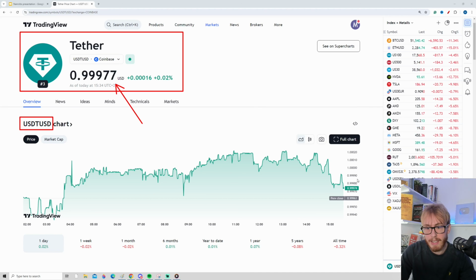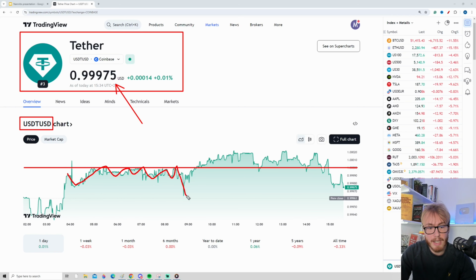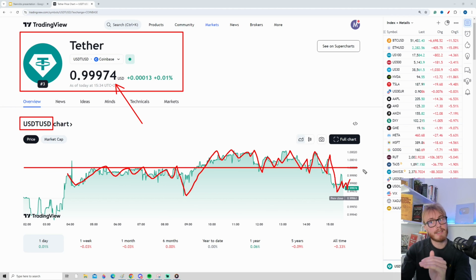If you look at the chart, $1 is the line right here, and the price should hover very close to this line. Sometimes it's below, sometimes it's above. But the goal is that Tether should follow or be as close to $1 as possible.